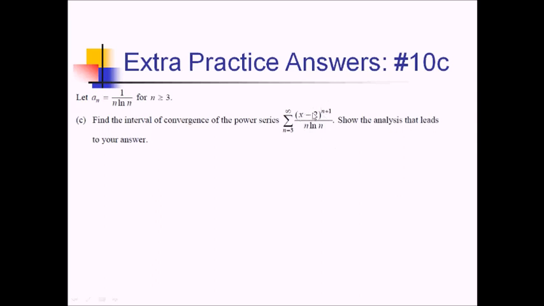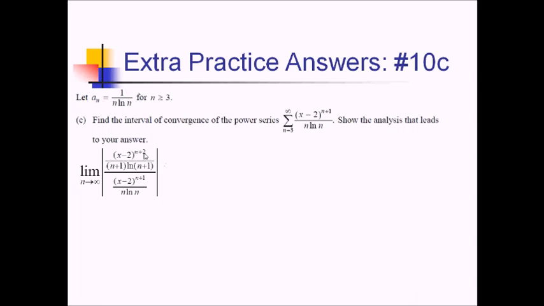So that's x minus 2 to the n plus 1, which is n plus 2, and then we've got n plus 1 times ln of n plus 1 below that. So that whole big nasty thing is the n plus 1th term. And then we have the nth term down here, which is just a carbon copy of what you have in the summation there.